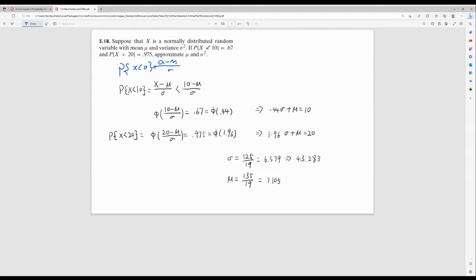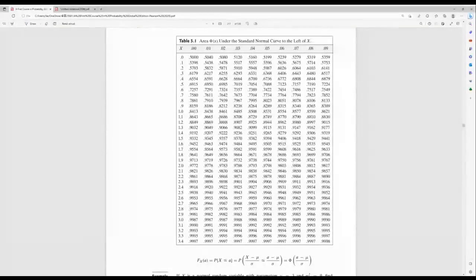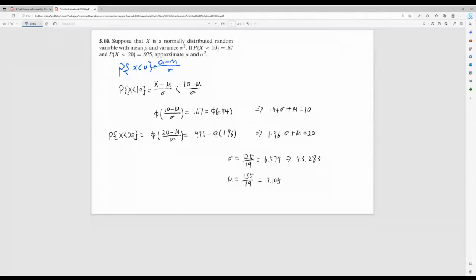0.6067. That's the given. And we use this table to convert the number. So we get phi of 0.44. So we just set our equation: 10 minus mu over sigma equal to 0.44. We multiply by sigma, and we get the first equation.